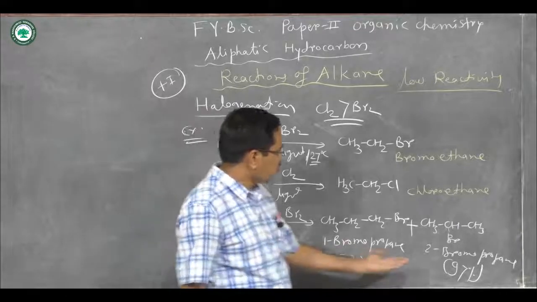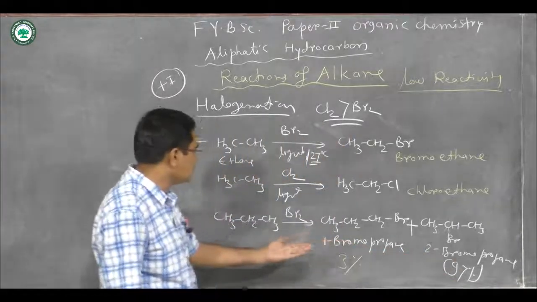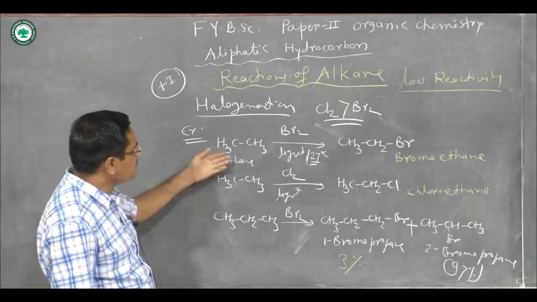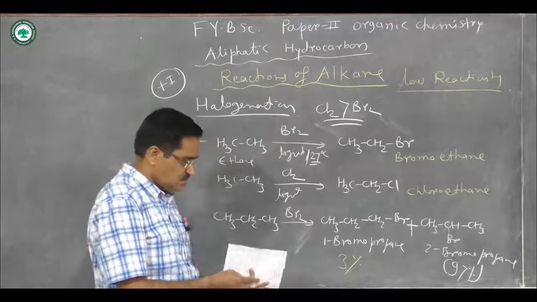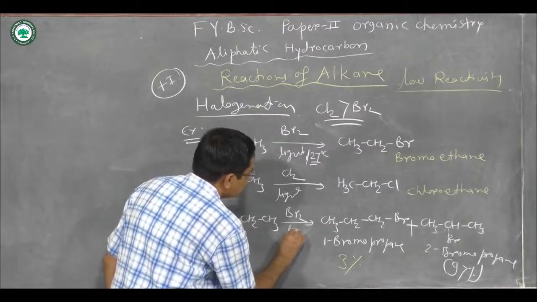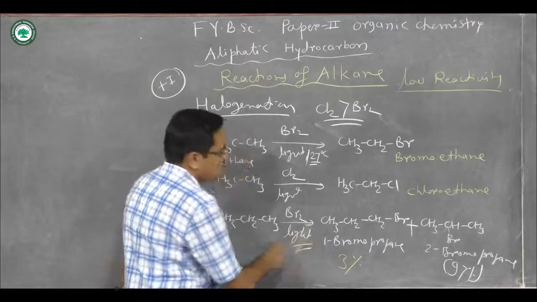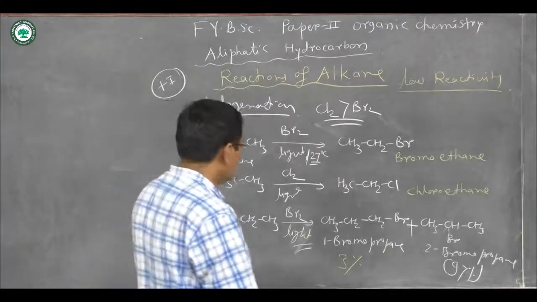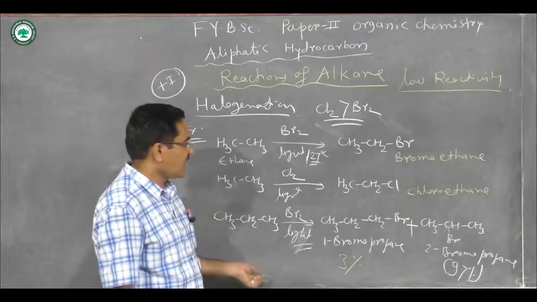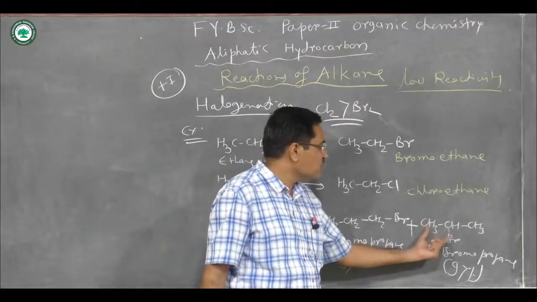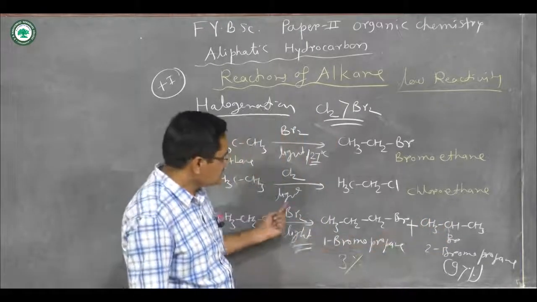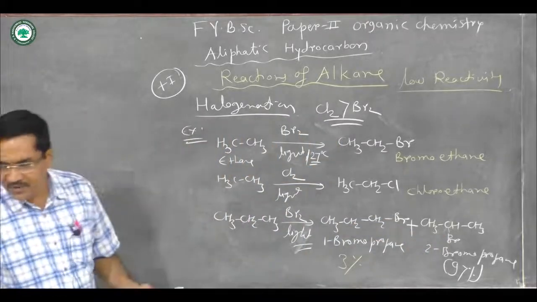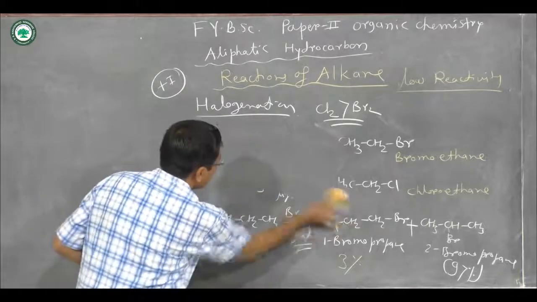Now why does 2-bromopropane have the higher yield? Because we already mentioned here, due to the presence of light, this reaction takes place through a free radical mechanism, and hence the intermediate here is a free radical, and the secondary free radical is more reactive, and hence it gives the higher yield, that is 2-bromopropane.